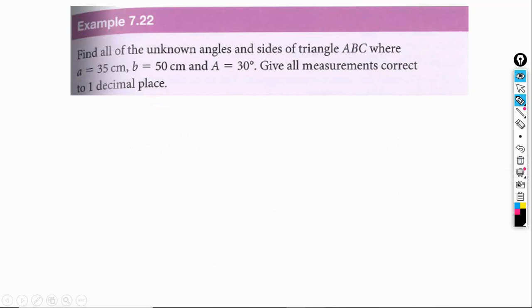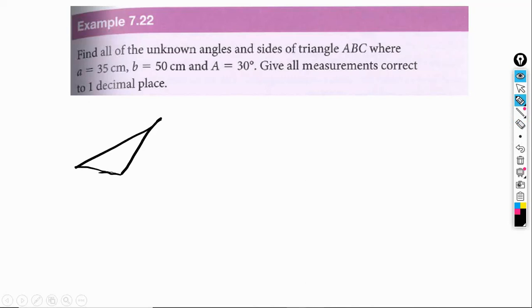So we would have one triangle that would be obtuse, right?